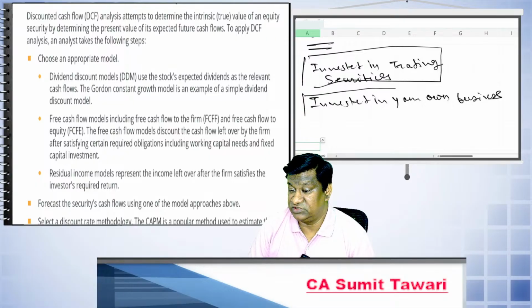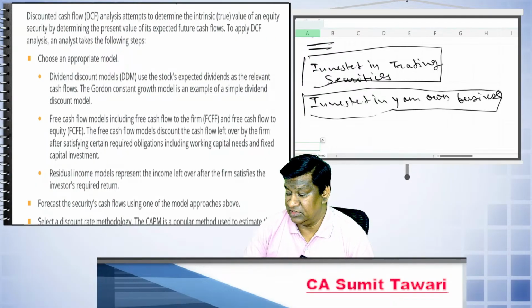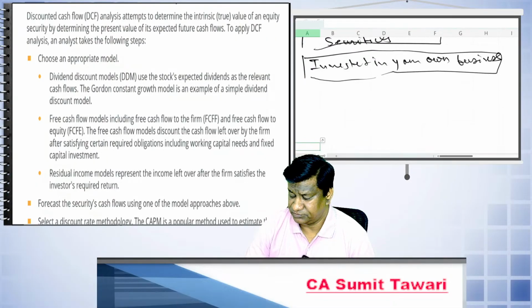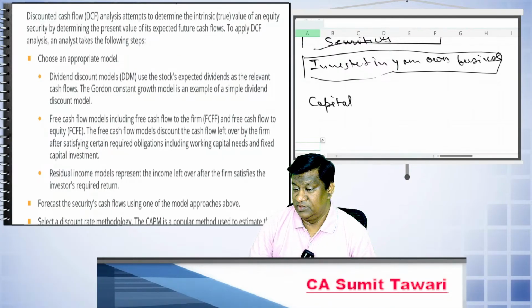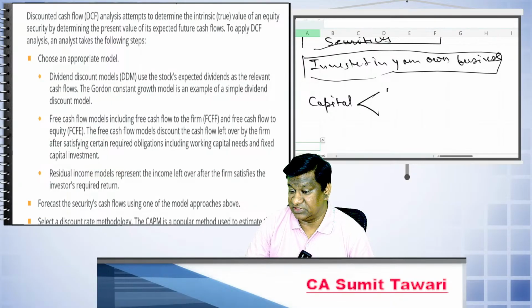But if you are invested in your own business, whatever capital you invest may be for the fixed asset as well as the working capital.